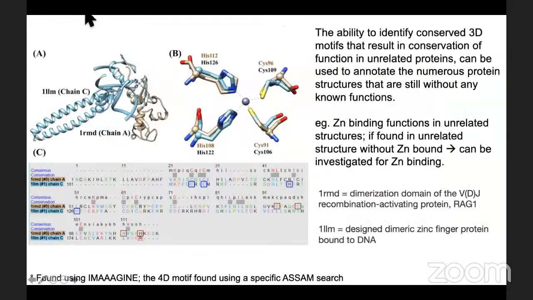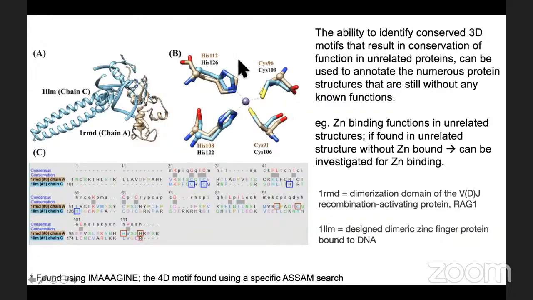We were able to carry out such searches, and in doing so, we could find conserved motifs in unrelated proteins, and perhaps investigate and identify novel motifs from there. An example here is this zinc binding function of this tetrad consisting of histidine, cysteine, histidine, cysteine.